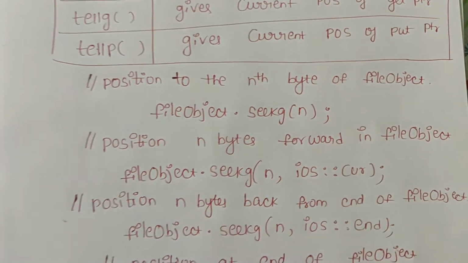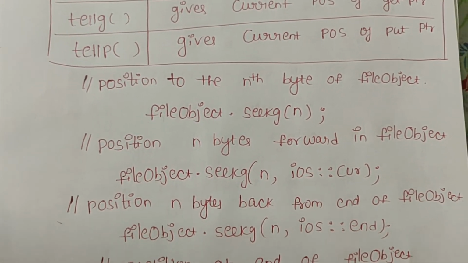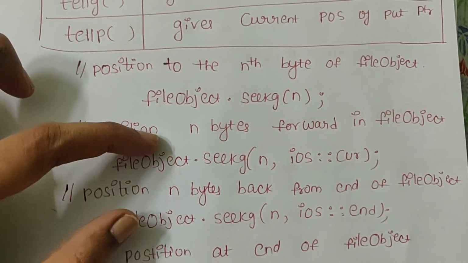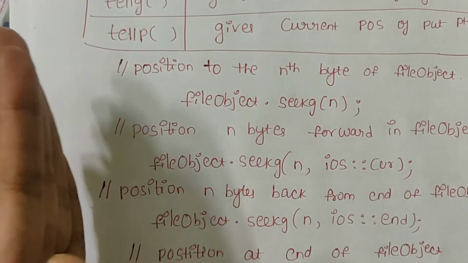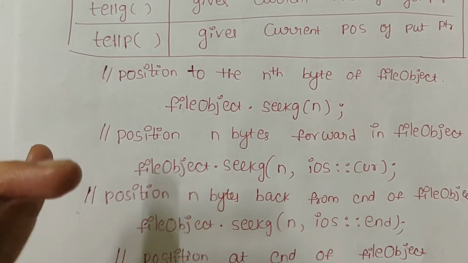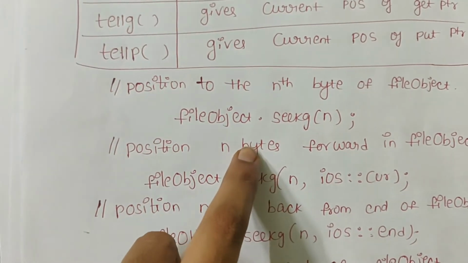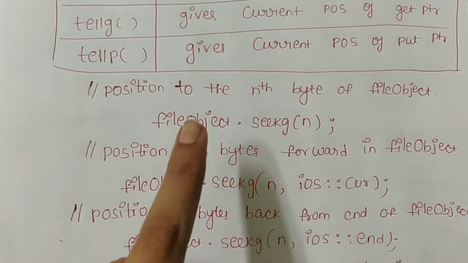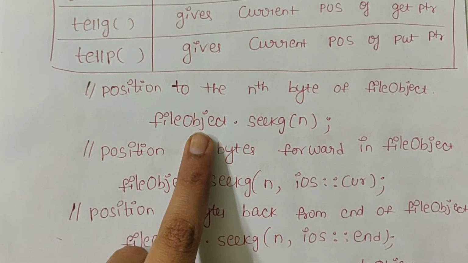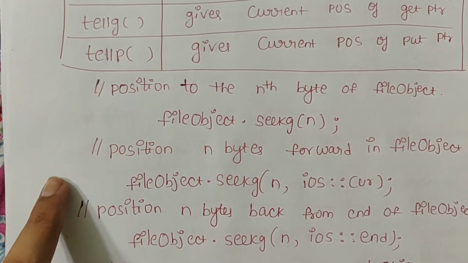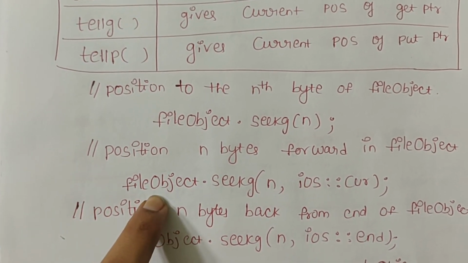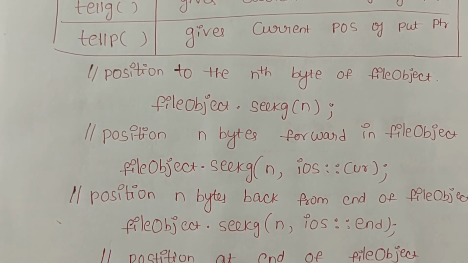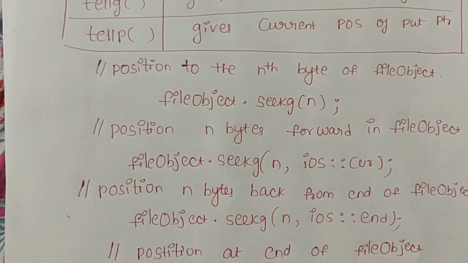Next, position n bytes back from the end. It was moving forward, right? For example, a byte usually means 8 bits. So if I take 1 byte, we will have 8 bits. From here it will move 8 positions forward. In the same way, it will move n bytes back from the end of the file object.